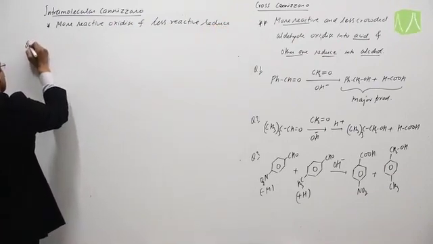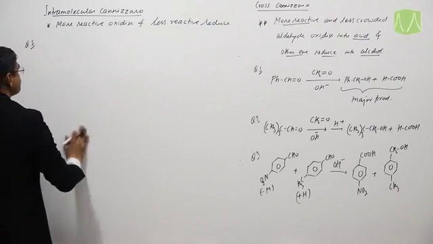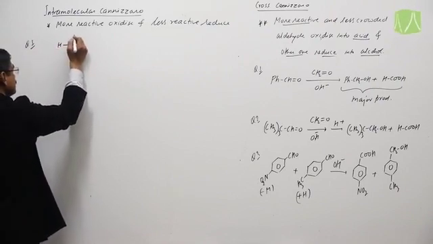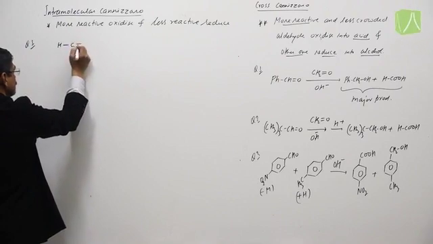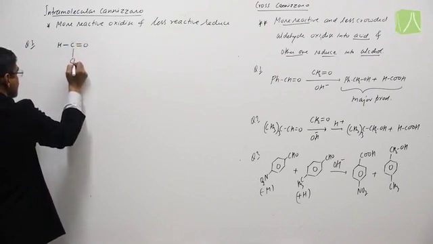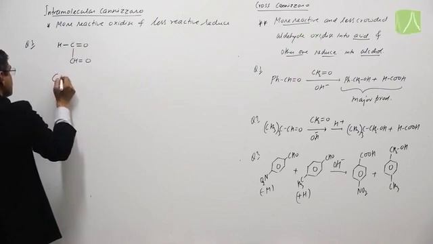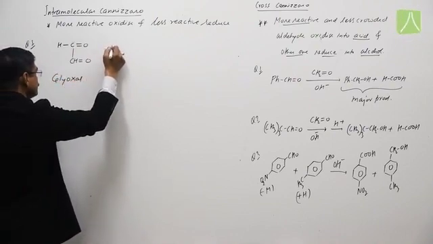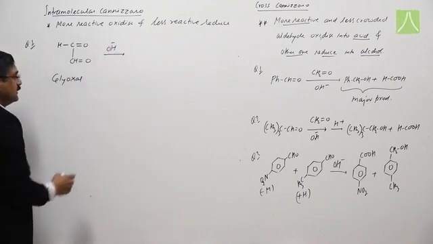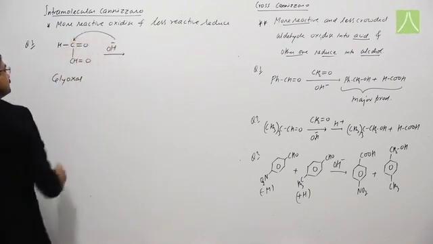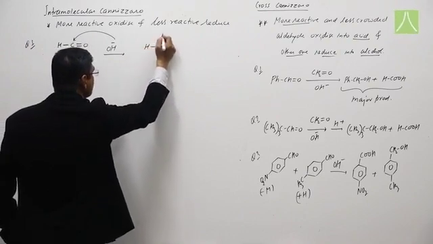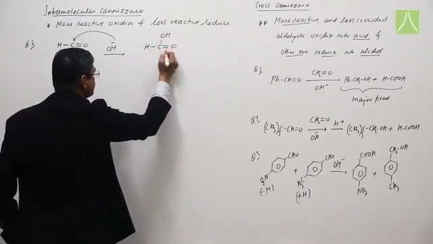Suppose question number 1. Glyoxal is taken. Add OH minus. So first I add OH minus to any one carbonyl. In this case both carbonyl groups are the same.